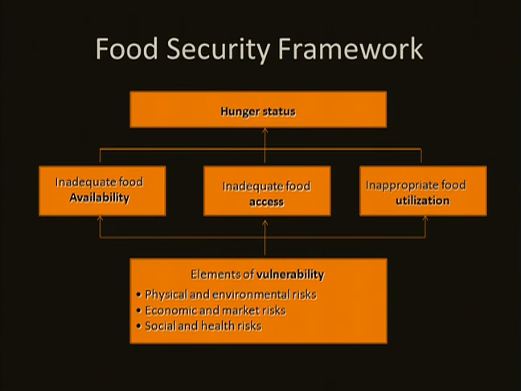When we talk about access, do they have access to food that they need? When we talk about utilization, are they eating the appropriate foods at the right time and in the right combination? And then vulnerability can have to do with physical or environmental factors, economic and market risks, and as you'll see a bit later in this unit, social and health risks as well.